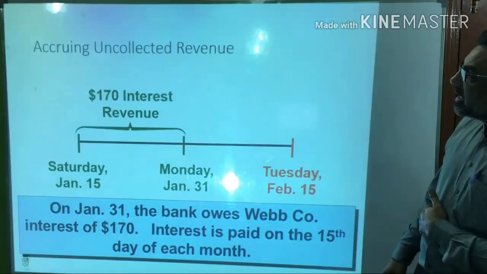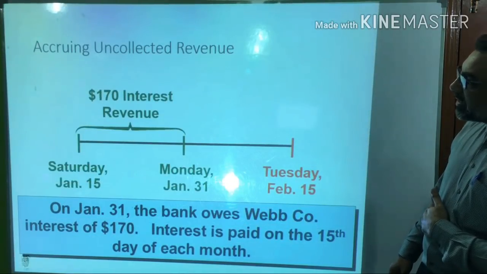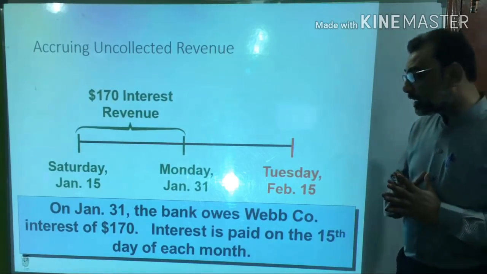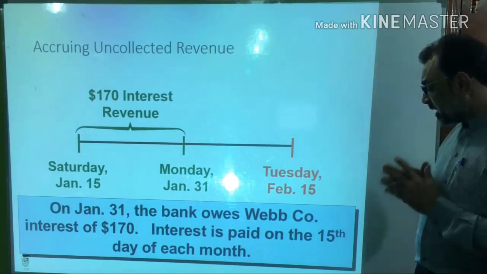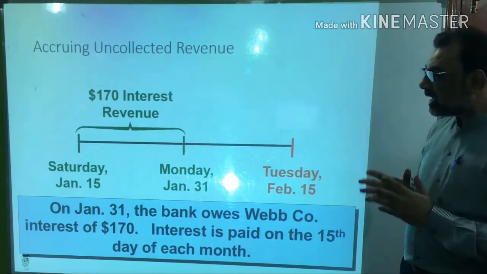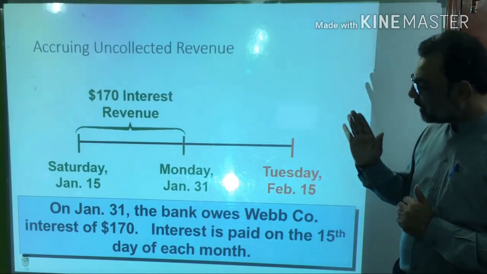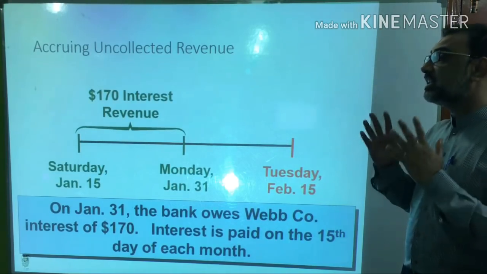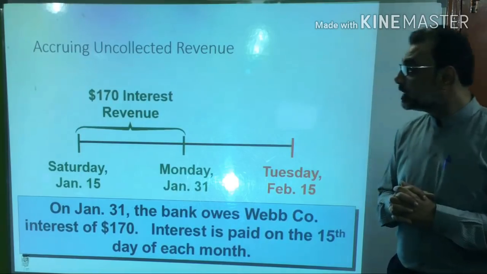So you can see that here for accruing uncollected revenue, let's say on January 31st, the bank owes VAPCO interest of 170. Interest is paid on the 15th day of each month. So from January 15 to January 31st, there are 15 days, and the amount of revenue earned is $170.